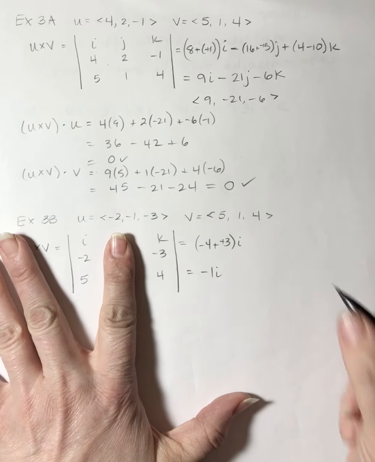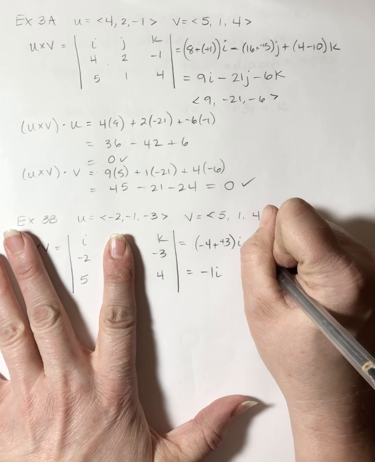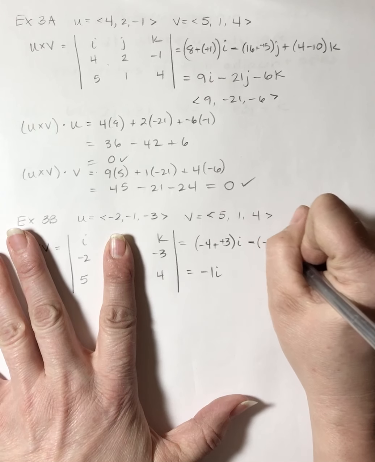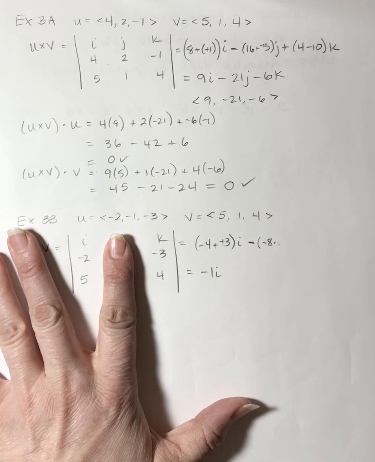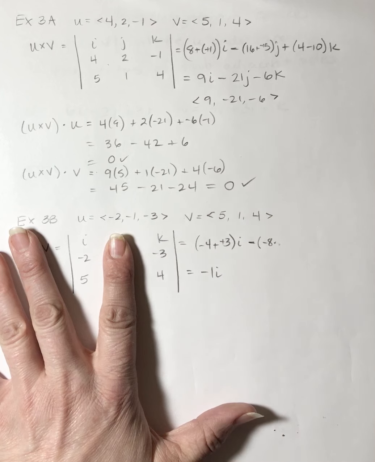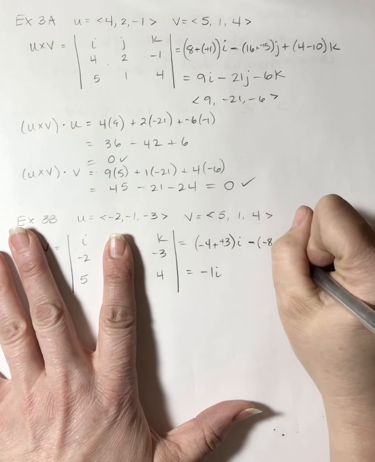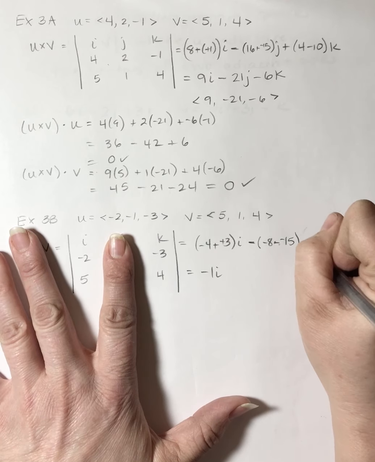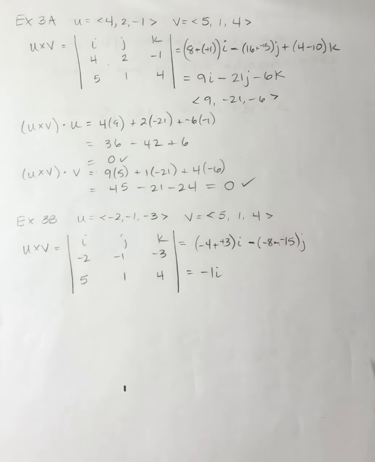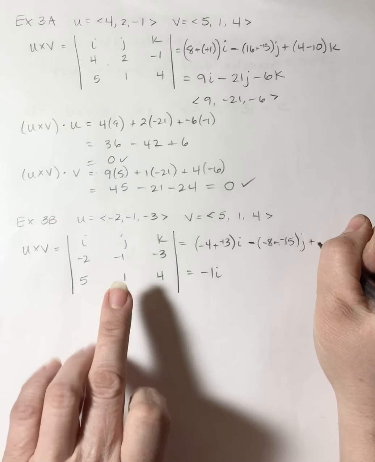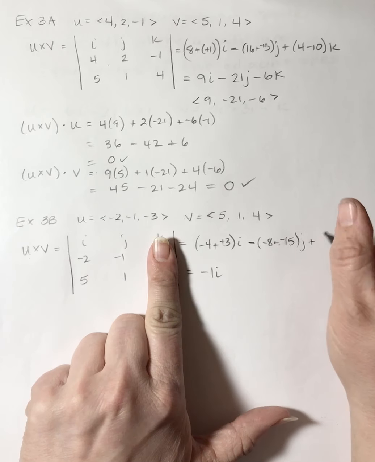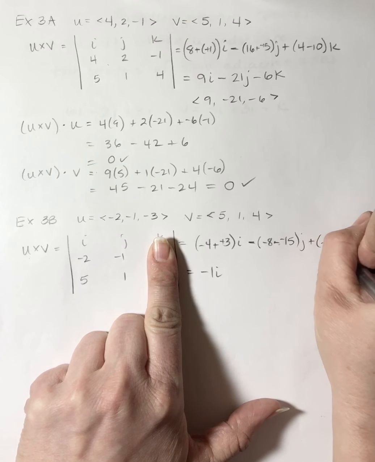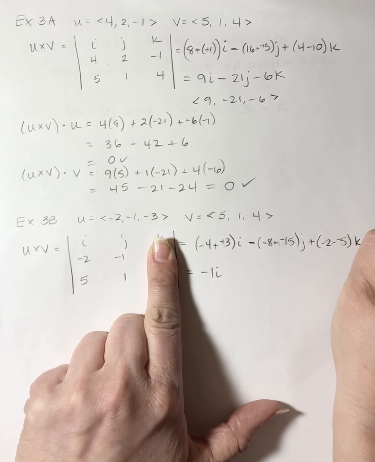For j, I've got a minus, okay, and I'm going to have negative 8 minus a negative 15 in front of j, and then plus my last one for k, it's going to be negative 2 minus a negative 5 times k.